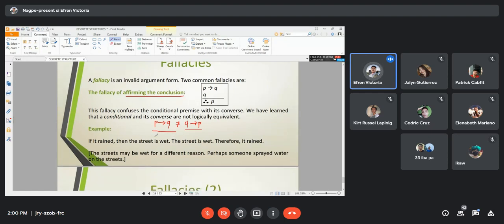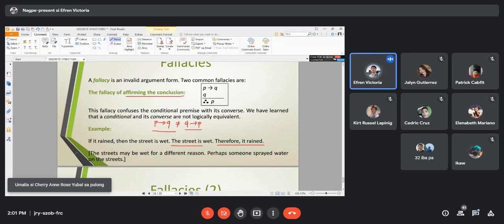So, example, if it rained, then the street is wet. The street is wet, therefore, it rained. Okay, if we analyze this carefully, the explanation below says the streets may be wet for a different reason.